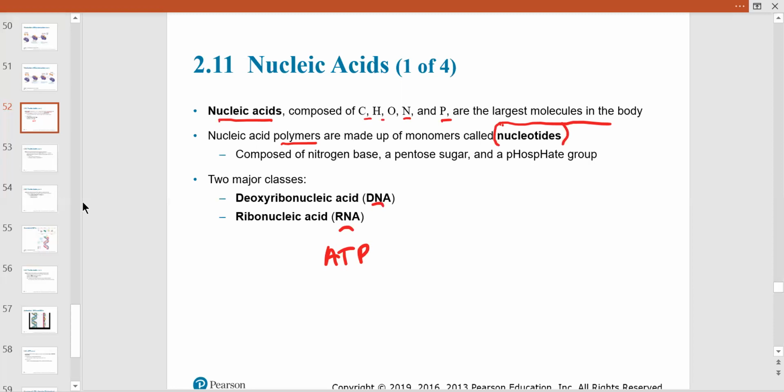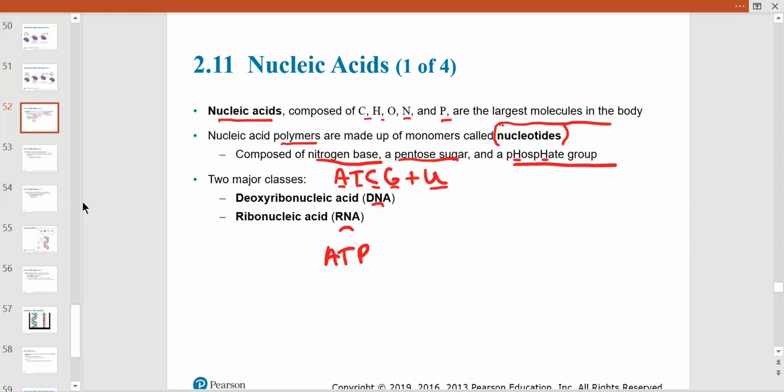And that's a nitrogenous base, A, T, C, G, and uracil for RNA. So adenine, thymine, cytosine, guanine, and uracil. So you have a pentose sugar, whether it's ribose or deoxyribose, and a phosphate group. There's those big H's again. What's going on there?